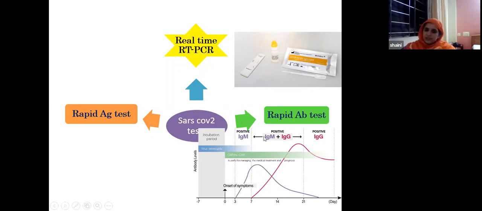If it is positive for both IgM and IgG, again, most probably the infection has progressed beyond 1 or 2 weeks. Okay, that is when both IgM and IgG start showing positivity. That is, IgM has not totally disappeared, whereas IgG has started appearing. And if it is positive for only IgG, it shows a past infection. That is rapid antibody test.